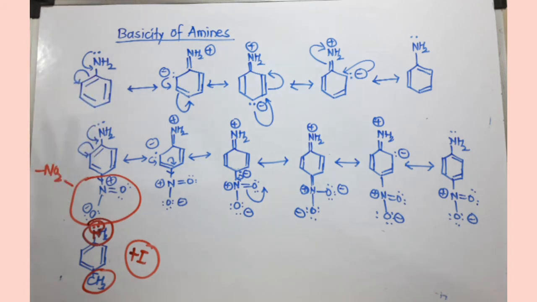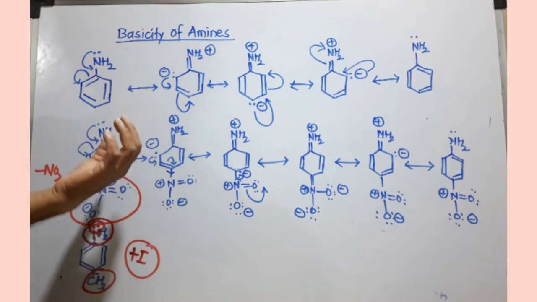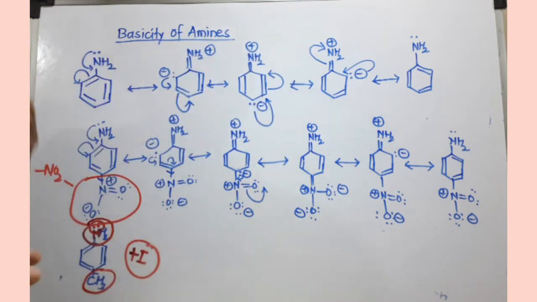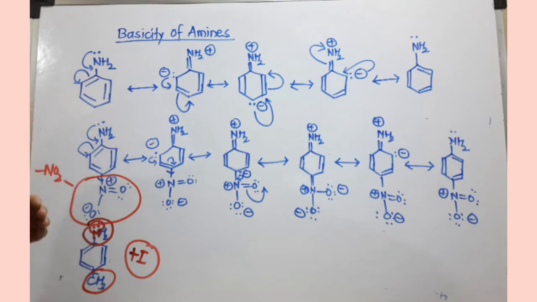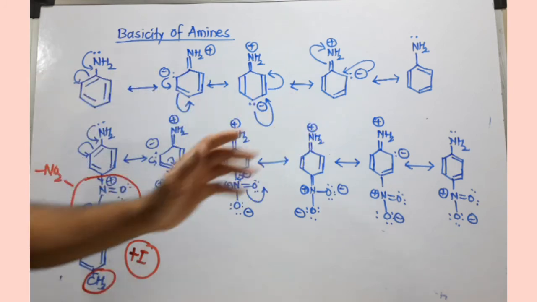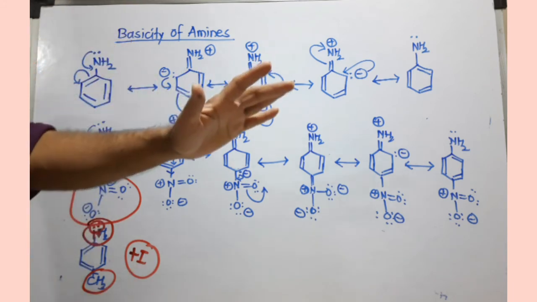So overall we have to consider only 3 points. One is aromatic amines are less basic as compared to the aliphatic amines because of resonance. Secondly, if an electron withdrawing group is there, because of the minus I effect and extended resonance, aromatic amines become less basic.